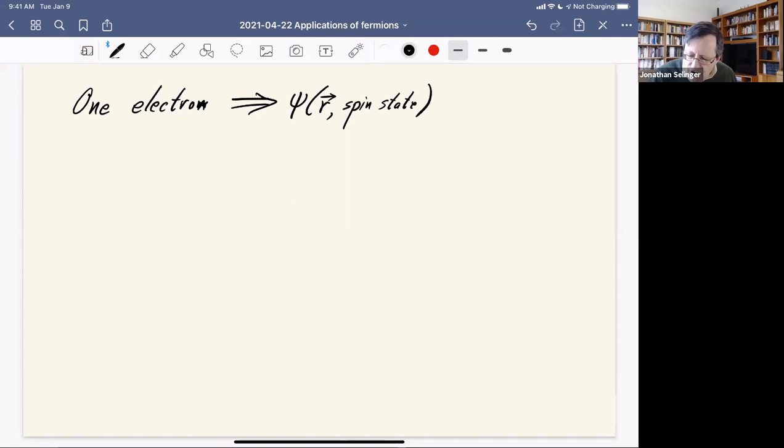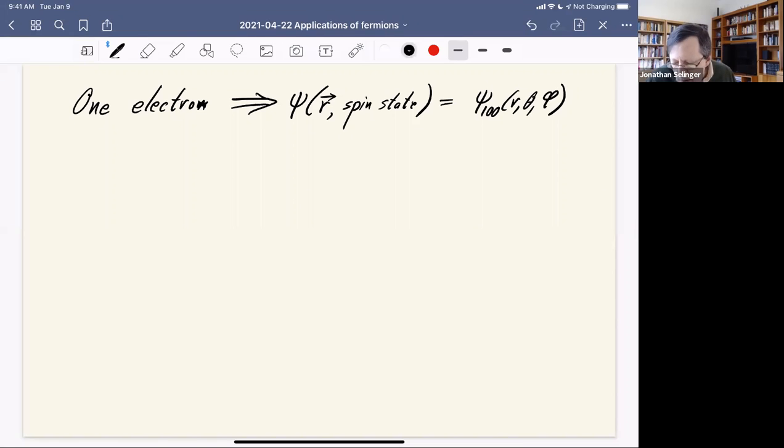Okay? So that could be this psi 1, 0, 0, which is a function of r, theta, and phi.